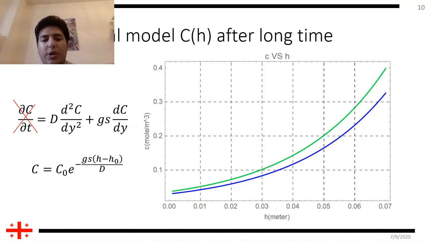So after that, this equation becomes really simple to integrate and finally define how the concentration depends on height. And on this graph, we see how the concentration of sugar and salt depends on height, qualitatively, of course, to see that they depend exponentially.